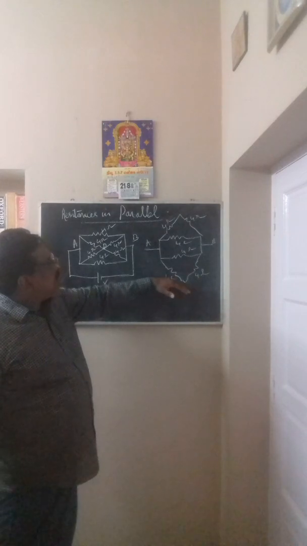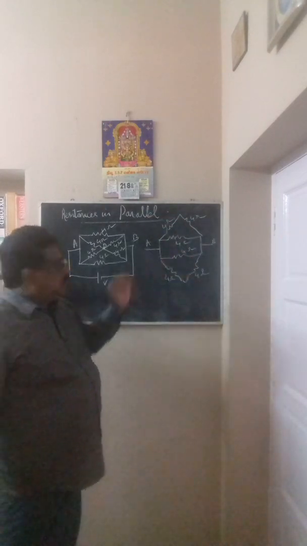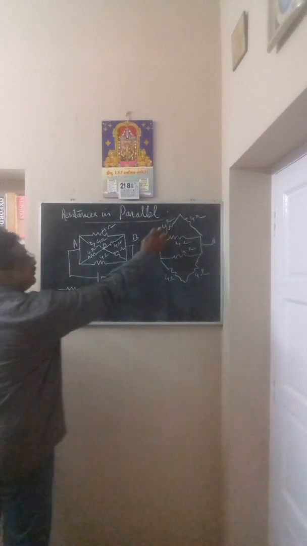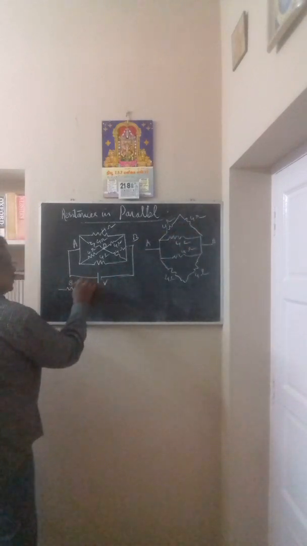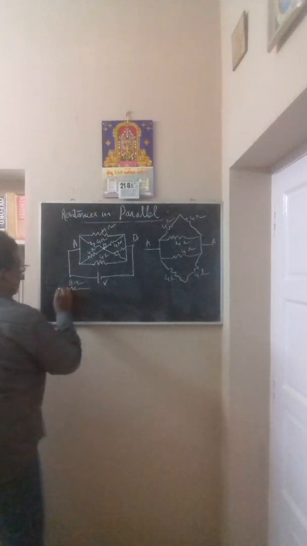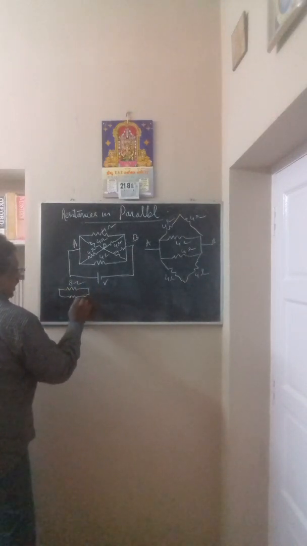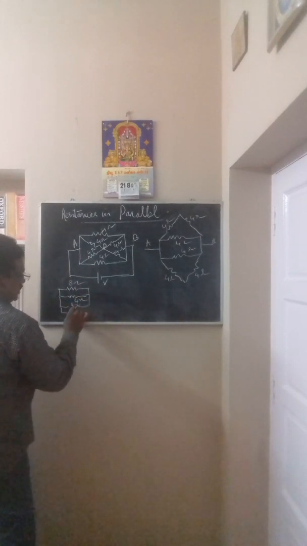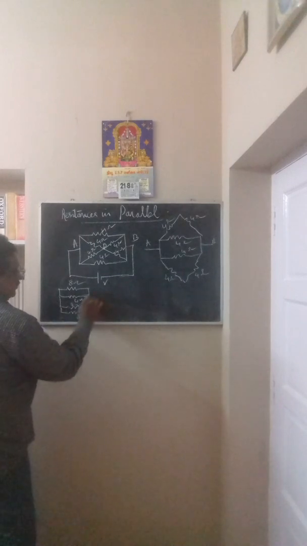And remaining are all in parallel. So the circuit reduces as this 4 plus 4 is 8 ohms. This 4 ohm will keep as such, and this 4 ohm we will keep as such, and the bottom is 8 ohm.